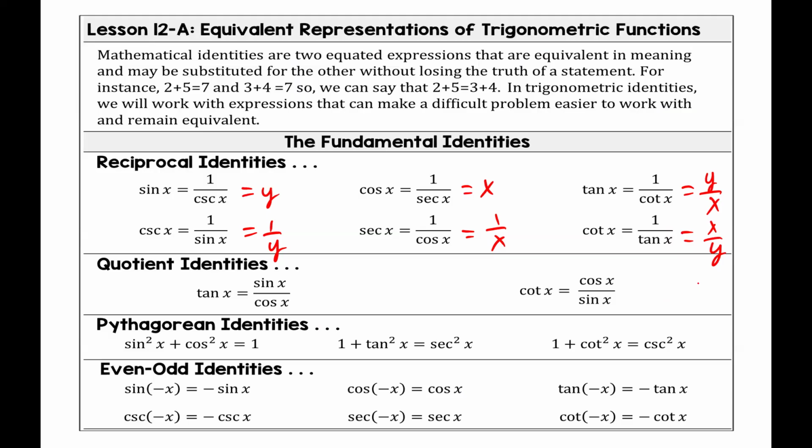Quotient identities. Quotient identities are our division identities. So tangent and cotangent are two quotient identities. Tangent x equals sine x divided by cosine x. Because of this being true, this also means secant x divided by cosecant x.